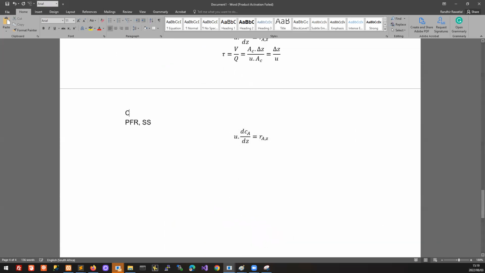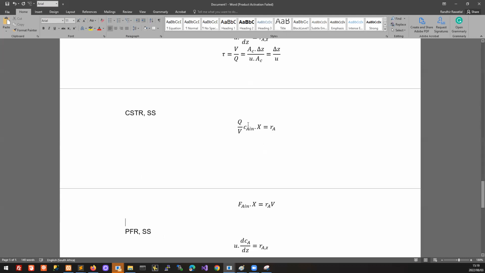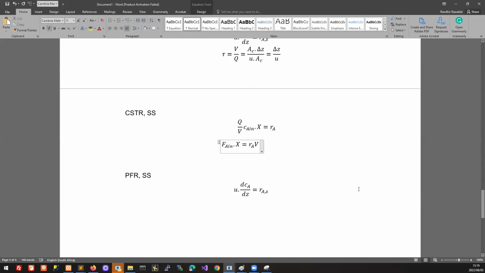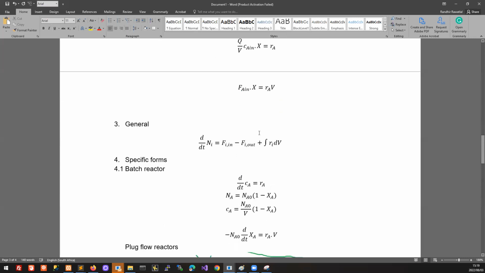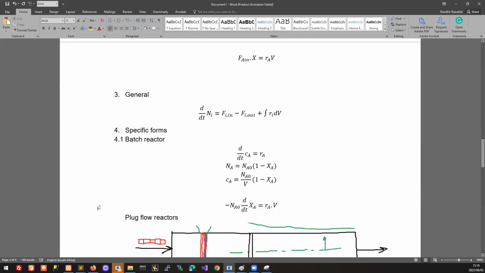So CSTR steady state. Sorry, my editing is really bad today. Okay. And then your batch reactor. Batch reactor looks like that.